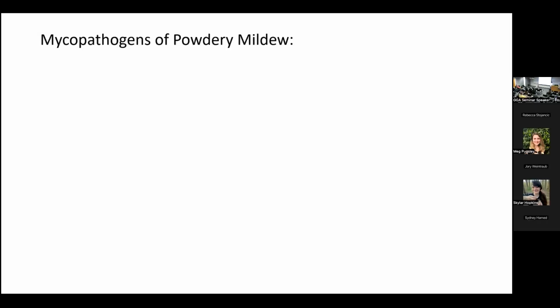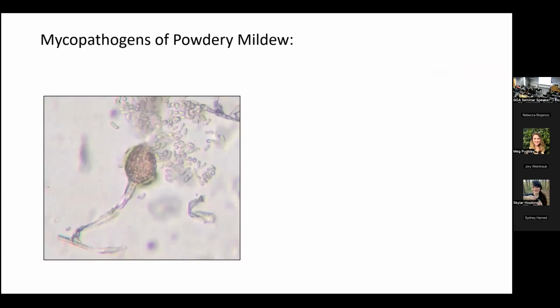And I love to show this slide because it just shows that nobody is safe in the mycology world. So the fungus connects to the plant, and of course there's going to be a fungus that connects to the fungus. So this is one of those conidiophores that I showed you, and this is another fungal pathogen that attacks powdery mildew, and this is called Ampelomyces. And the reason I'm showing you this is because this is something that really interests me.